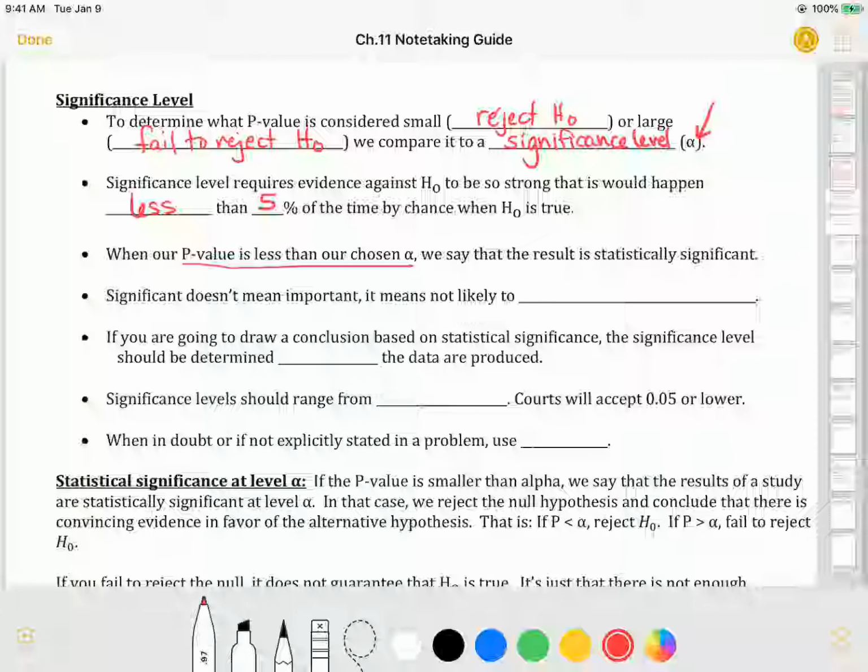Significant has several meanings, and statistically it does not mean important. What it means is it's not likely to happen by chance alone.